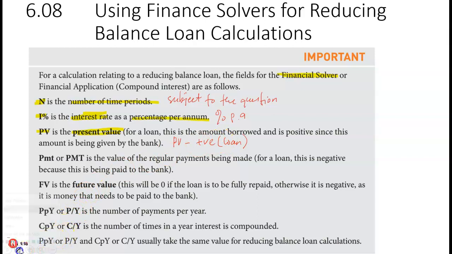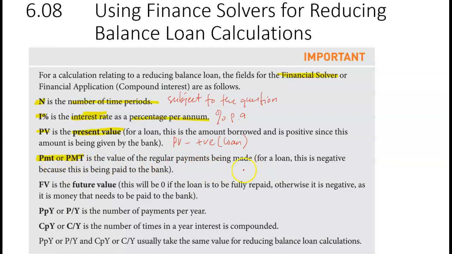Now, what about the next one, which is the regular payment? What is the regular payment for a reducing balance loan? That means installment, or what we call repayment. When you take a loan from the bank, after that you need to pay back the bank at regular time periods.